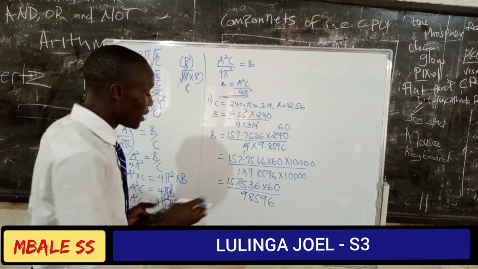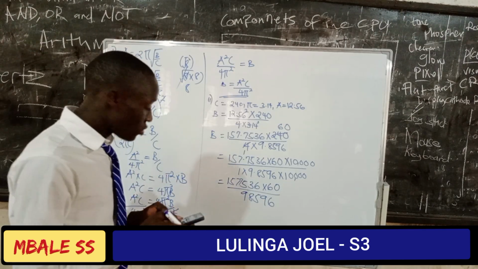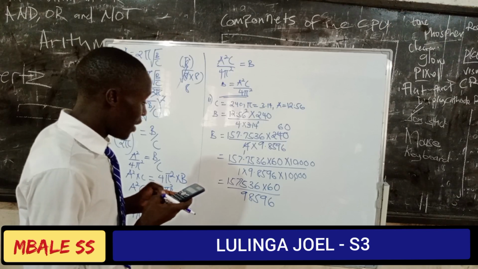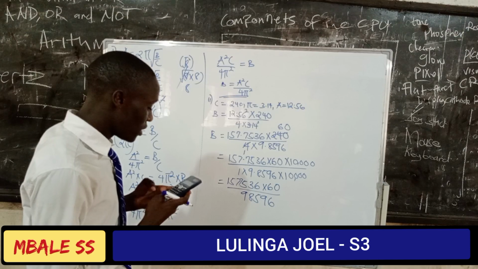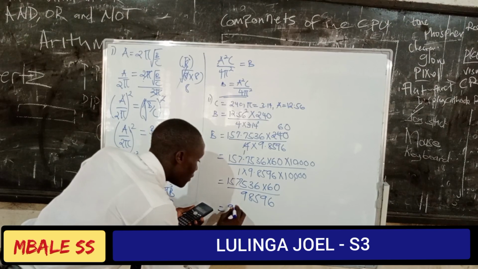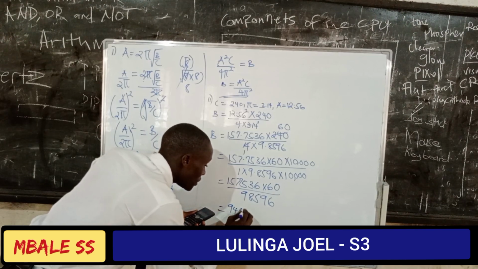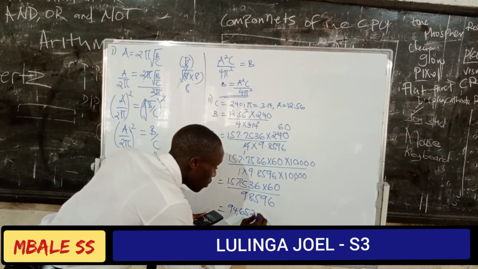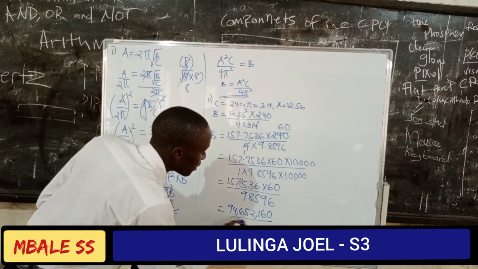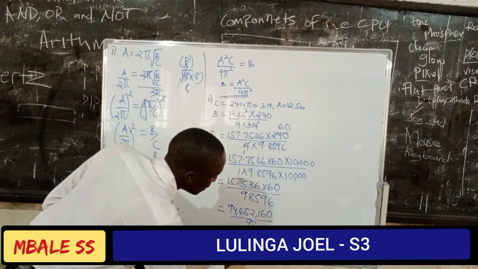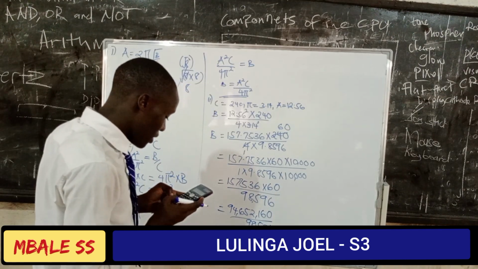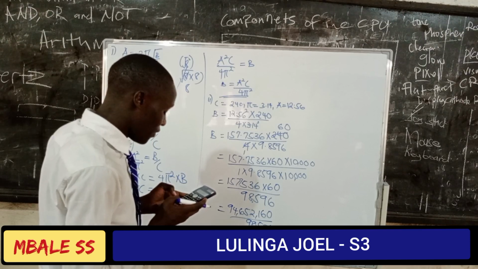Now from there we can get the values up and divide by the values down, so we shall get 1577536 times 60, which will give us 94,652,160 divided by 98,596.